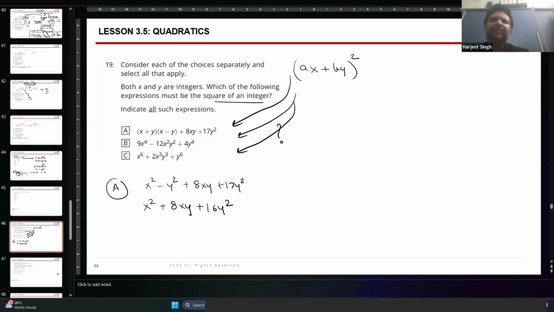Can I write this in this format? So no coefficient of x, right? So I can write x, and the coefficient of y square is 16. So when I take the root, can I write x plus 4y whole square will give me this, correct?